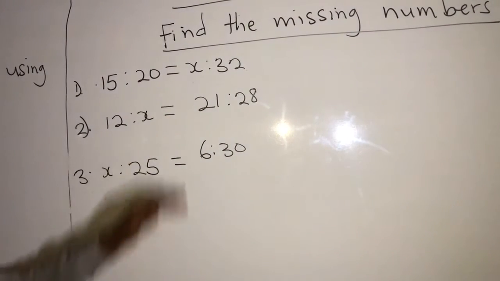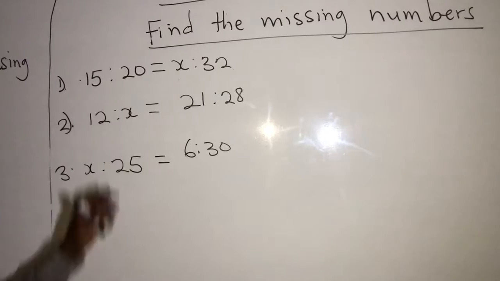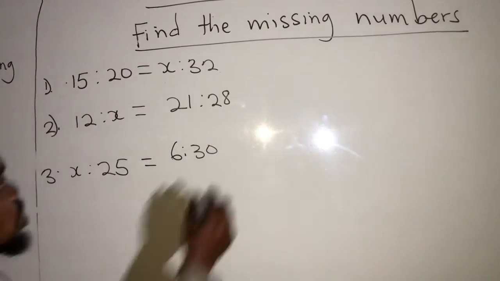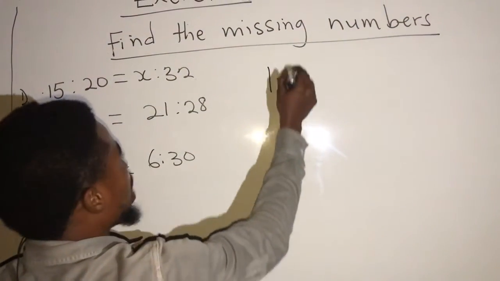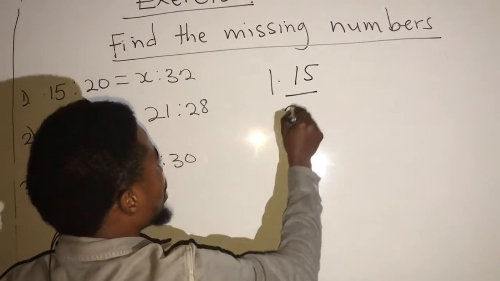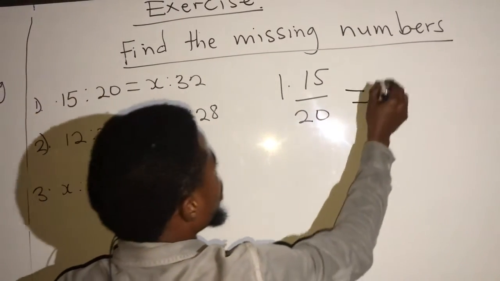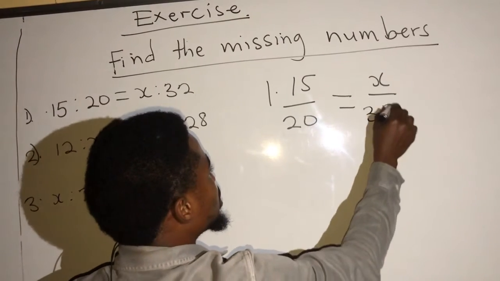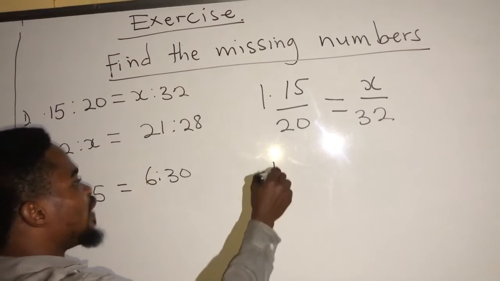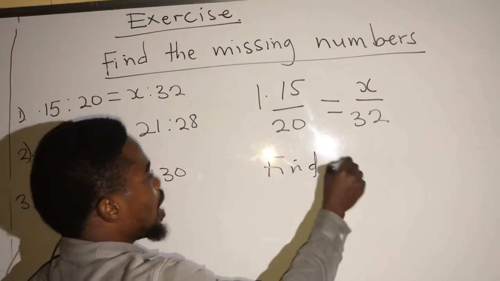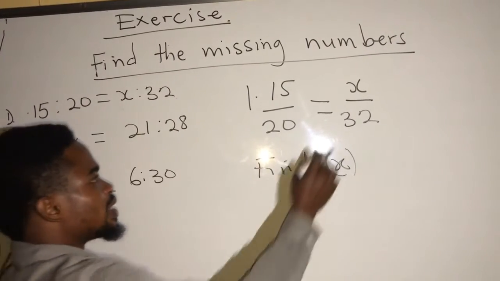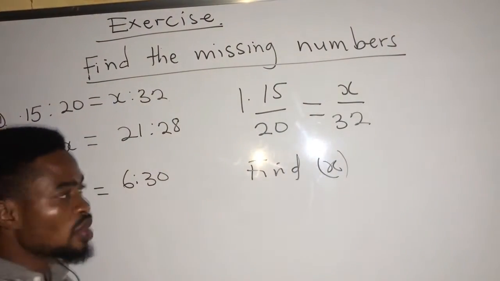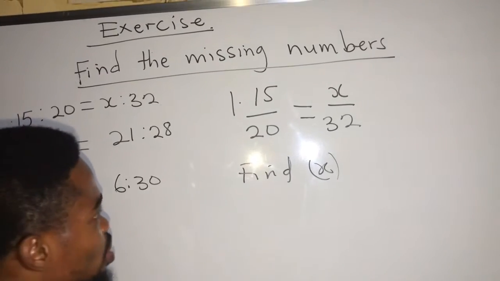To get it, we arrange the ratios. Question 1 is 15 out of 20 equals x out of 32, and we are asked to find x, the missing number.